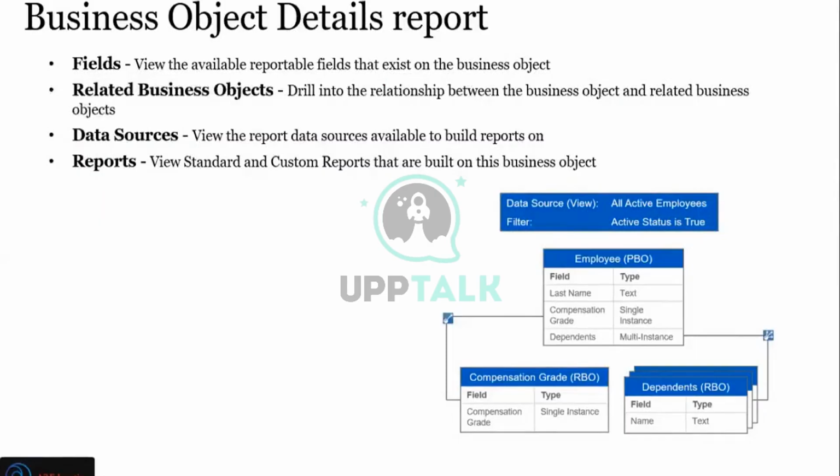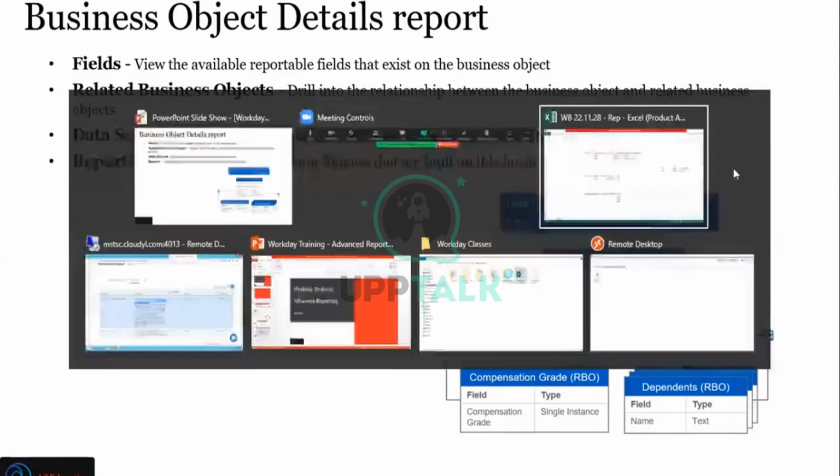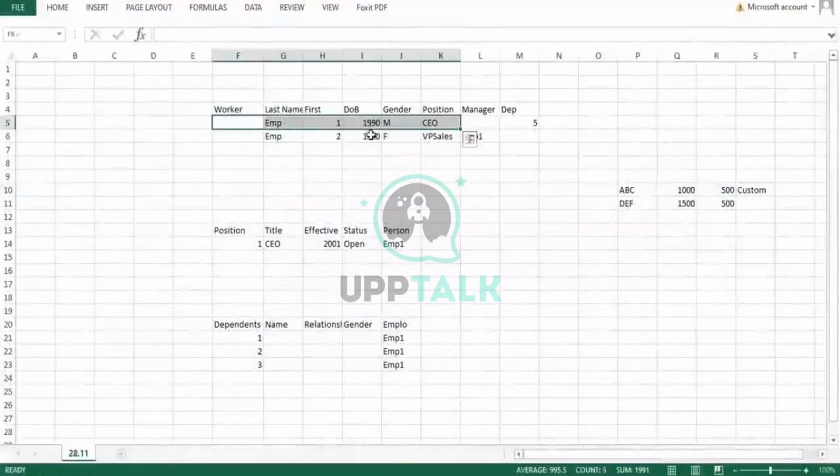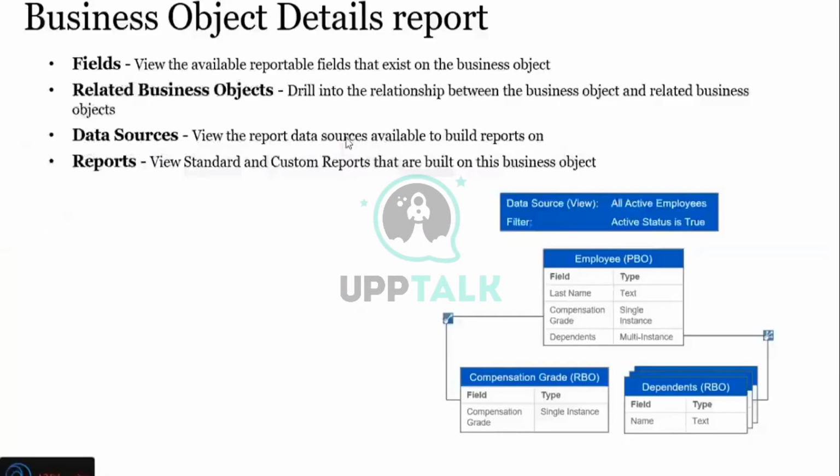Once again, in terms of business objects, we spoke about this interrelationship. There can be one-to-one, one-to-many relationships, and this is showing you the same information. In this case, what do we have here? We have a data source called all active employees.